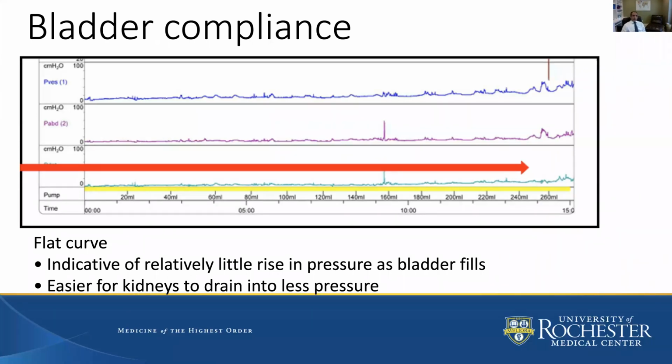A compliant bladder is a bladder that accommodates urine without rising pressure. Compliance is the change in bladder volume per change in pressure, delta V divided by delta pressure. So a highly compliant bladder means it accommodates volumes at safe pressure, and it's safe for the kidney to drain under low pressure.